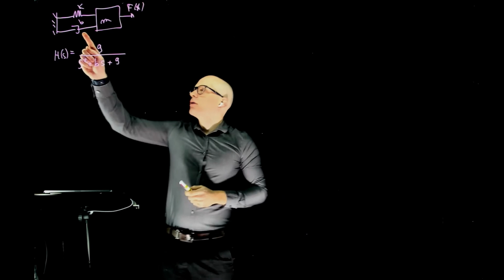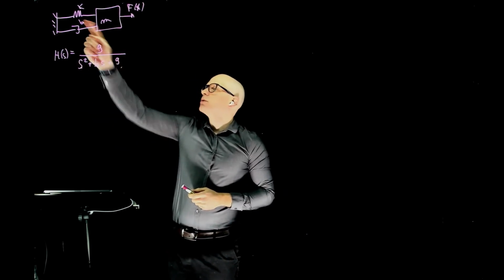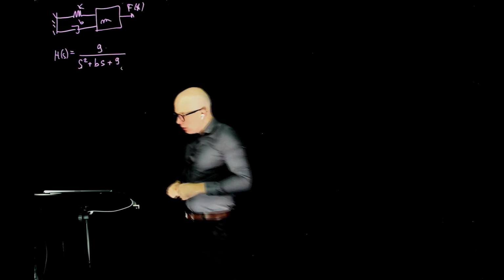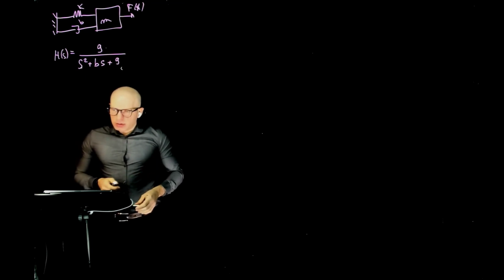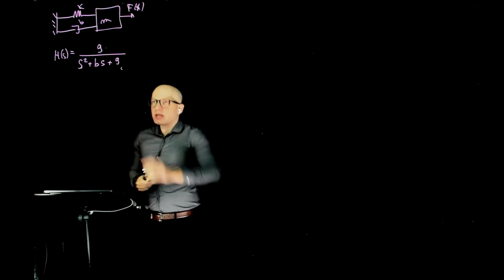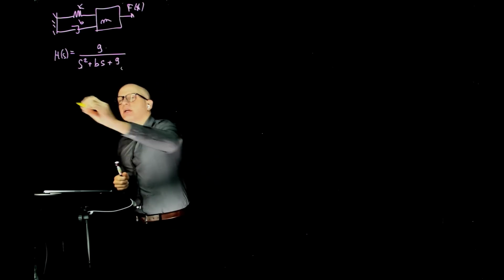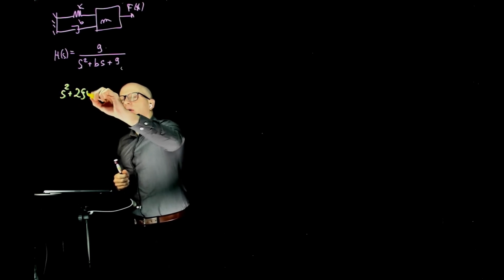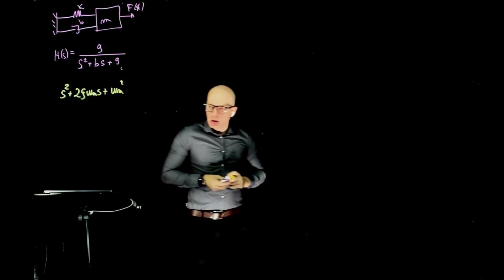And b is the coefficient of viscous friction, mass is 1, and the spring constant here is 9. And this is just a constant. Let's do the first case where b is also 9, but let me first write here the standard form. Remember that the standard form is s squared plus 2 zeta omega n s plus omega n squared. That's the denominator of the transfer function.